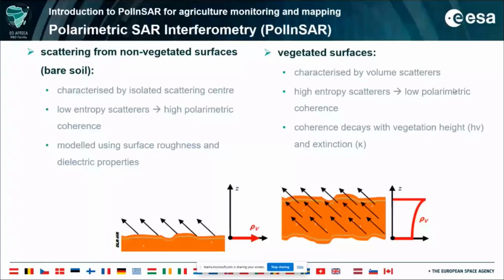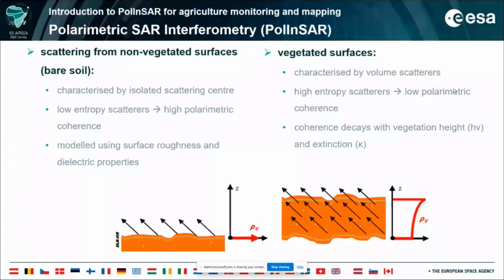The scattering from ground is localized at a single point in the vertical coordinate, as you can see from the image, whereas the scattering from volume is described by a scattering function f of z. So you can see here on the right side a function and how this scattering works from the vegetated surfaces.